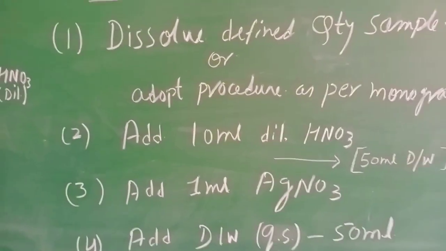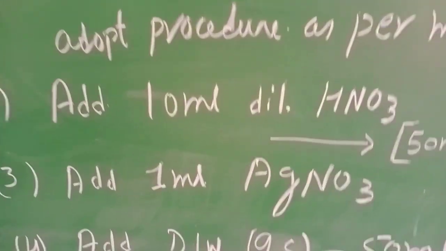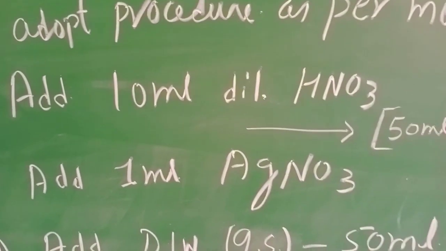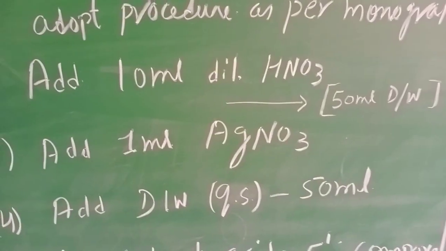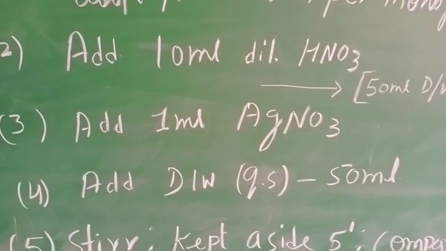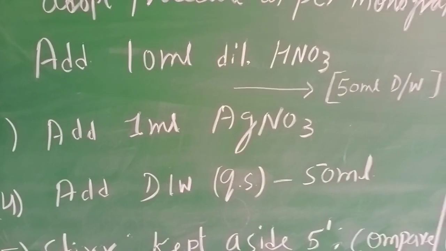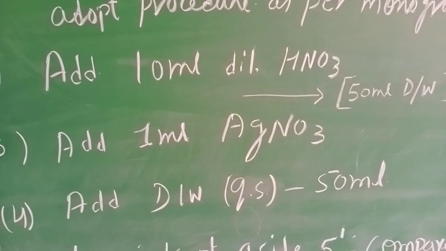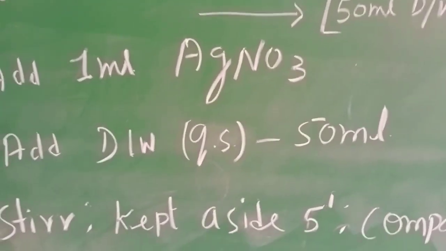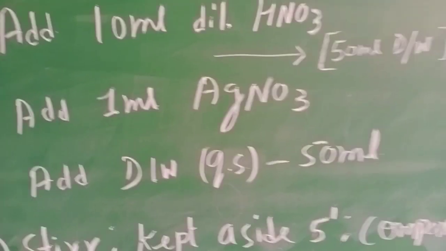Once the addition is done, we have to add 1 ml of 5% silver nitrate, followed by the addition of distilled water, quantity sufficient to 50 ml.